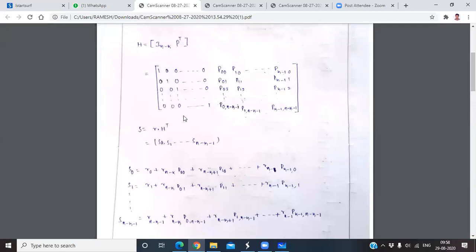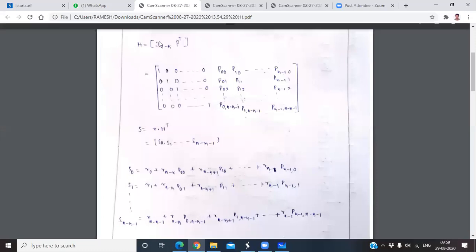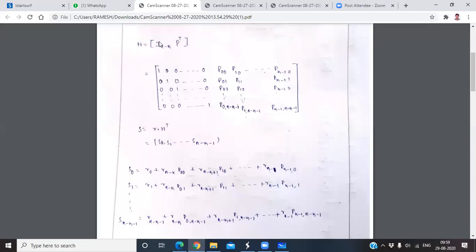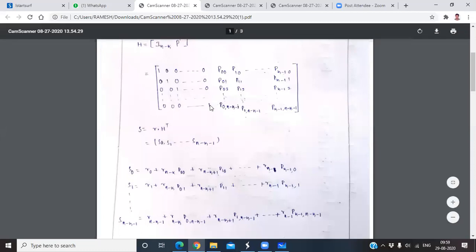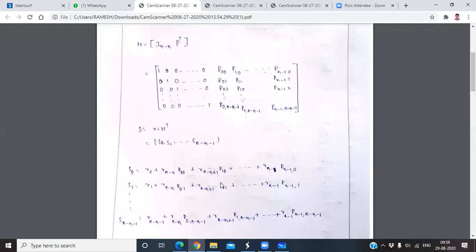Here the received code vector is R equal to R0, R1, R2 up to Rn minus 1. Just multiply with the H transpose. Just look at the equations. You already have the same equations, or not? Any doubts here? R0, Rn minus k. Any doubts here?